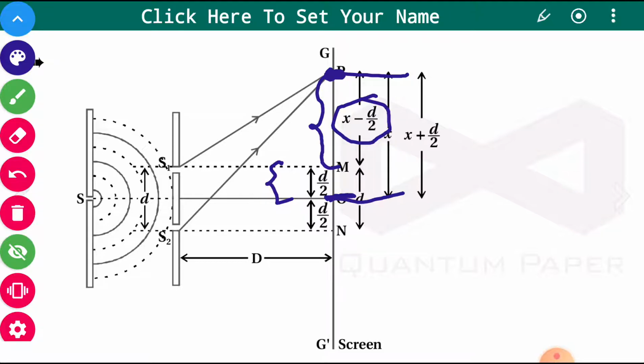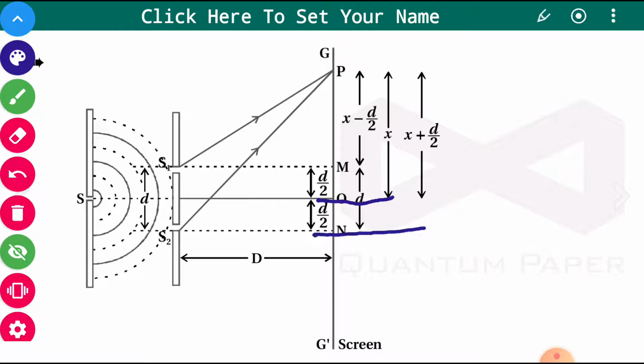This distance is taken as x, and this will be x plus d by 2 if you consider it from this point N. From point N, the distance will be x plus d by 2, because x is the distance from point O. From point O to this point P, the distance is x. So this is the understanding of the figure.